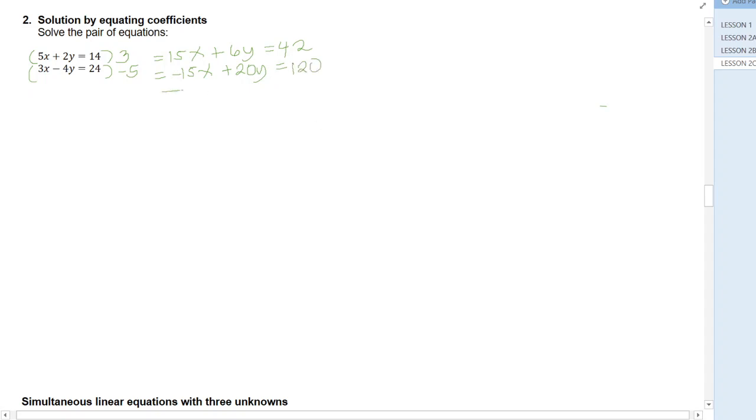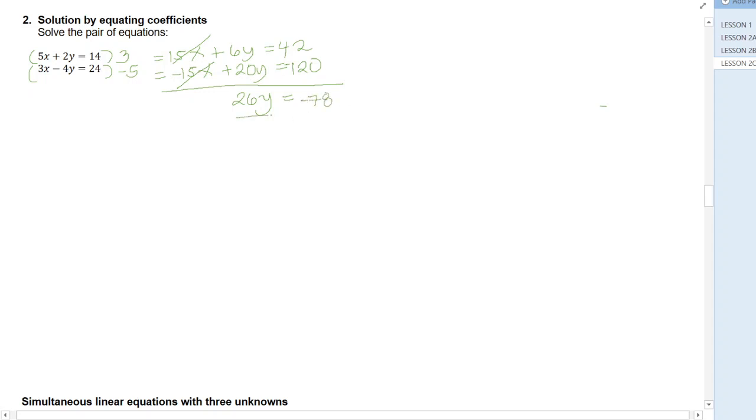Okay, so adding that one, this one will be cancelled, and what remains there is 20 plus 6, that is 26y, is equal to, this is supposed to be negative, since that is negative 5 times 24, that is 120 minus 42, okay, that is negative 78.